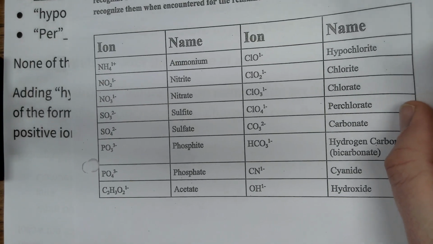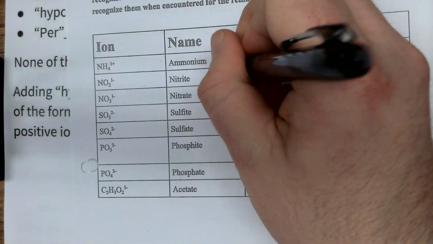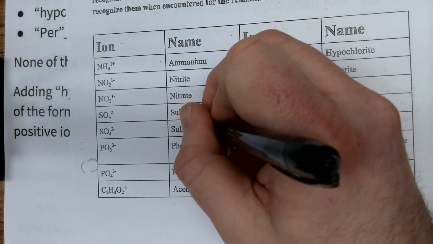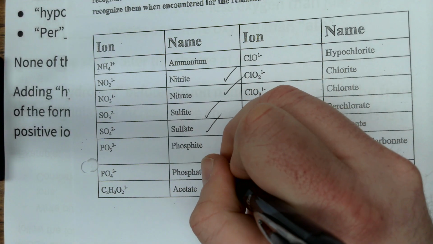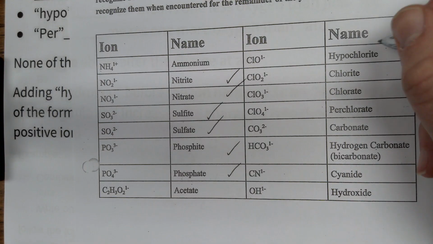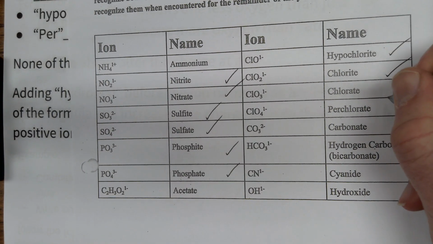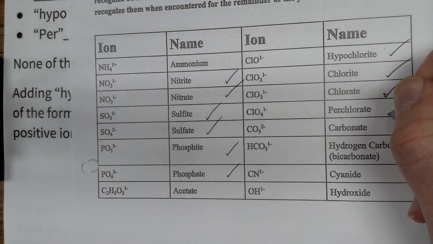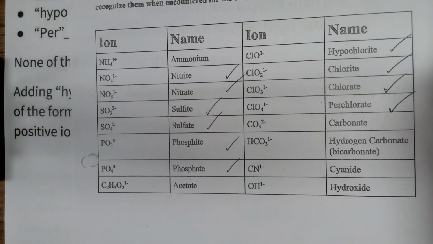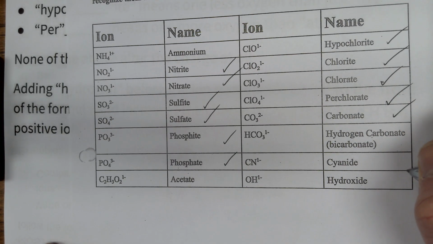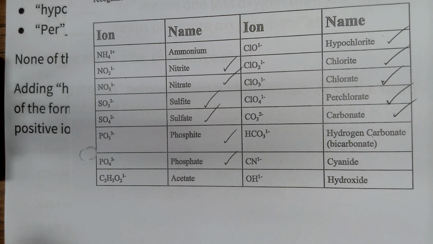So I'm looking at my chart. Nitrate, nitrite, sulfate, sulfite, phosphate, phosphite, hypochlorite, chlorite, chlorate, perchlorate, carbonate. There's only 4 of them that I have to kind of put to memory by themselves.